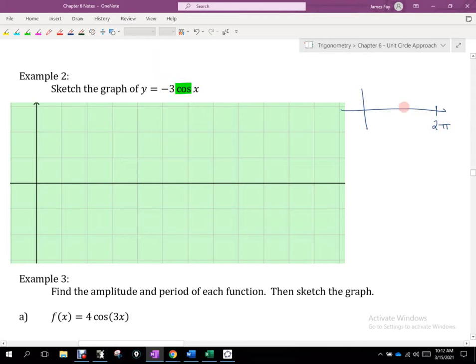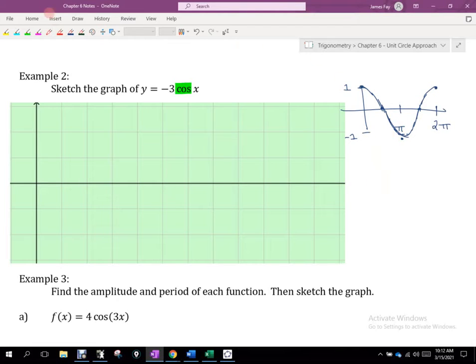So I'm going to graph that parent function, which we said last week starts at 0, 1, finishes at 2 pi, 1, with pi, negative 1, and then we have our x-intercepts at pi over 2 and 3 pi over 2. So that's our cosine function, correct?